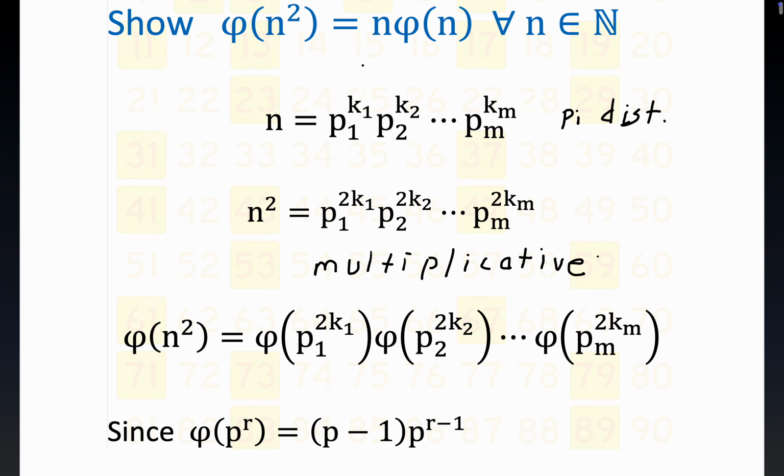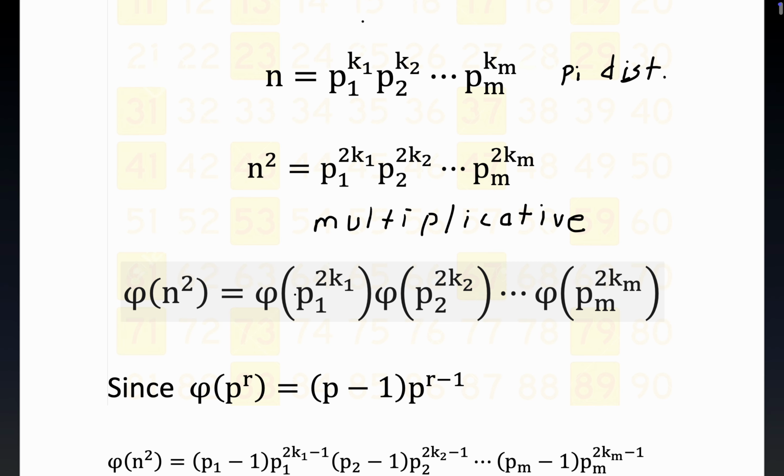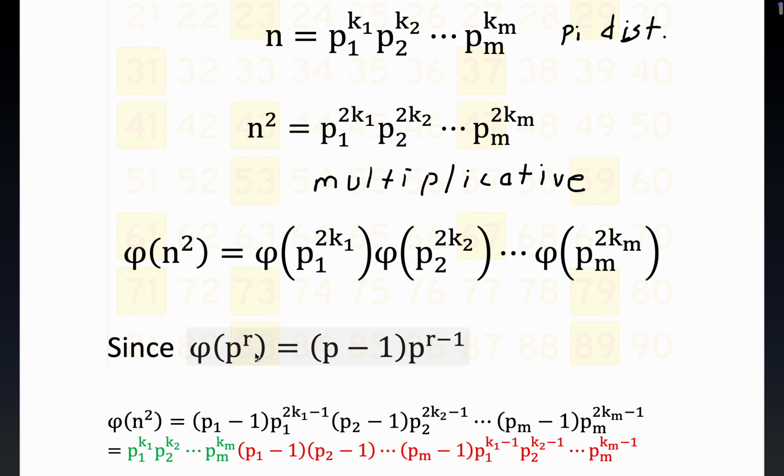So we're going to use the multiplicative property. This part right here is because phi is multiplicative. And then this result is what I just wrote down. And this is a fun result, and I'm going to prove it in another video. But essentially, there's p raised to the r minus 1 multiples of p that won't be relatively prime to p to the r. And so you have to subtract them off.